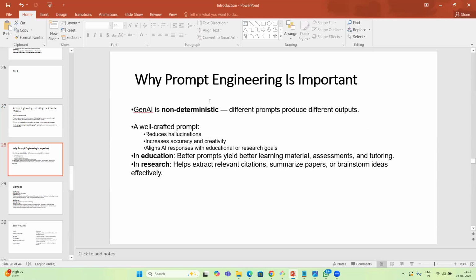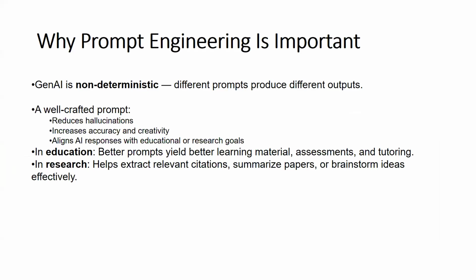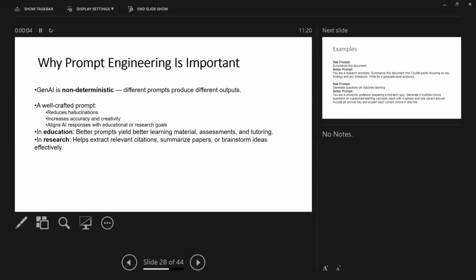Gen AI is non-deterministic. If we want to elaborate on this word, everything apart from the Gen AI world, whatever there is in the AI world, which is your ML, DL, computer vision, NLP, data science, analytics, whatever we saw yesterday, is deterministic in nature.